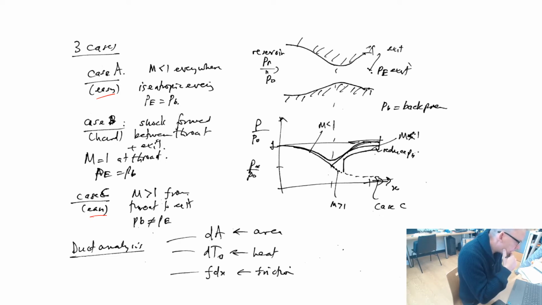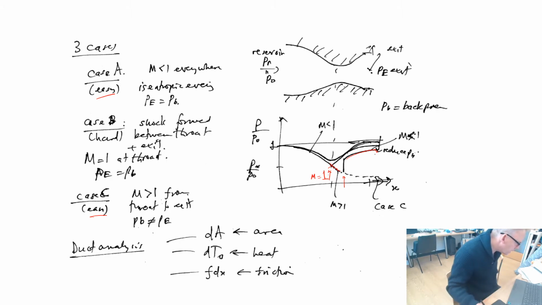The only problem here is that the back pressure doesn't necessarily equal the exit pressure or design pressure. Case B, slightly more complicated, is a case where the flow becomes choked. We've got Mach number 1 at the choke point, and the flow does follow the supersonic branch after that, but jumps through the presence of a normal shock onto the subsonic branch where it matches the back pressure.